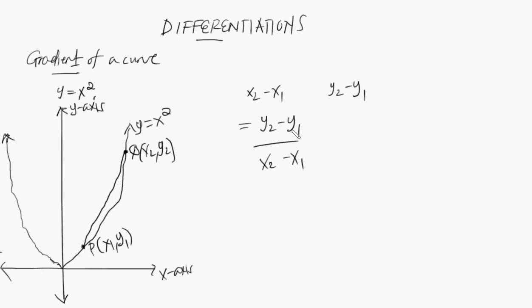Now, in order to determine the gradient of a curve, let us use numbers instead of letters. And let's see what we learn. So again, consider this one, y equals to x squared. Let's draw again our graph here. So this one is our y-axis.